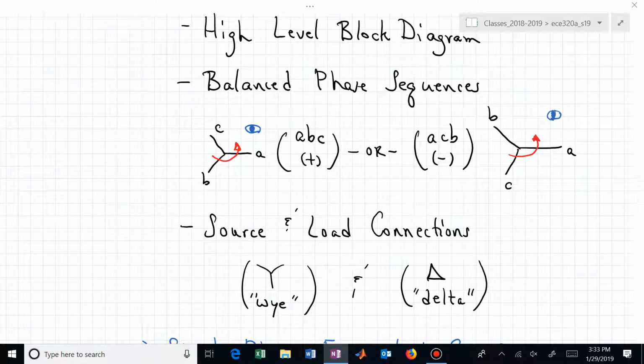So if we have an A phase and I say, what's the B phase? Well, you just have to change the phase by 120 degrees. And if it's a positive phase sequence, you know it's minus 120 from whatever the A phase was. The magnitudes will be the same. And that goes for currents and voltages. That's why I haven't labeled these as I's or V's. It's just ABC or ACB.